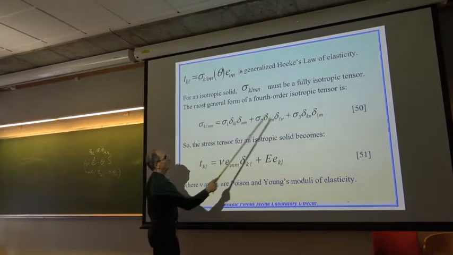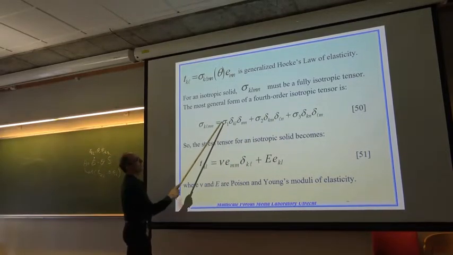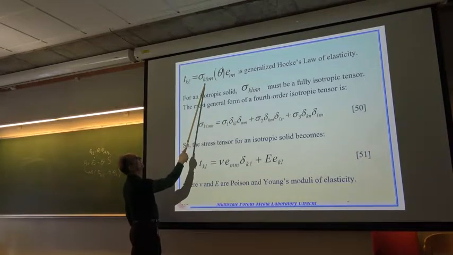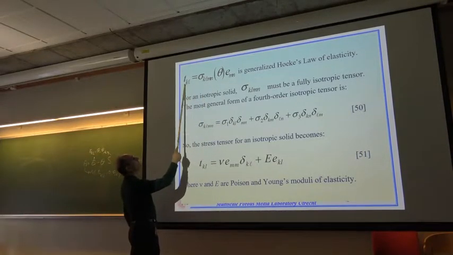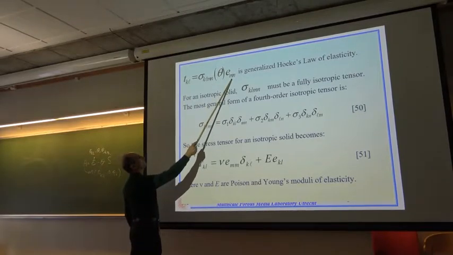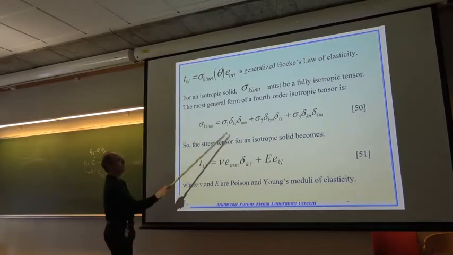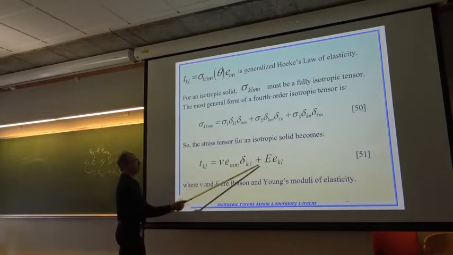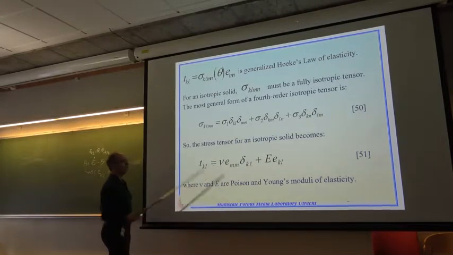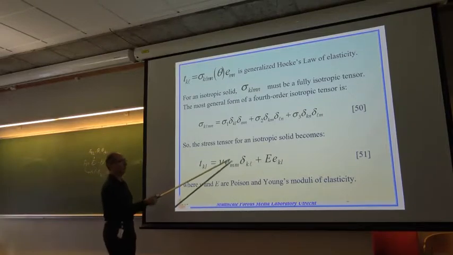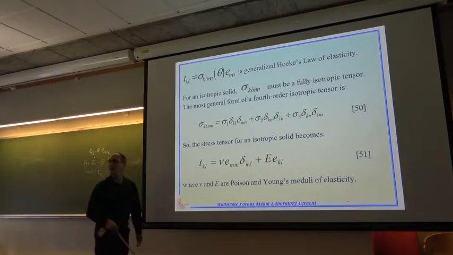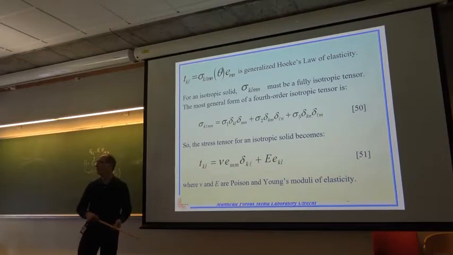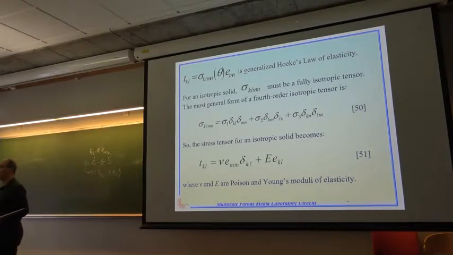These coefficients are functions of temperature. If you put this back into here, given the fact that the stress tensor is symmetric and the strain tensor is symmetric, we will be left with only two independent coefficients, given here. These are the Lamé moduli of linear elasticity for an isotropic material.